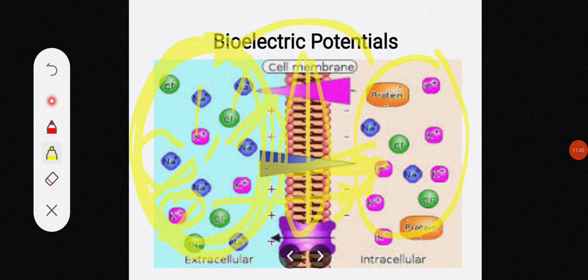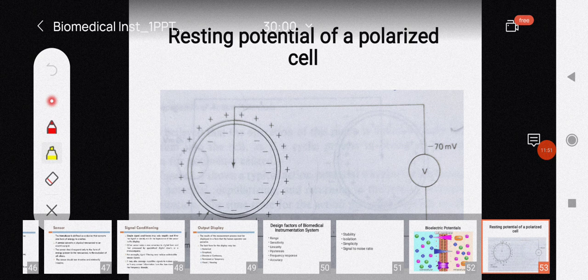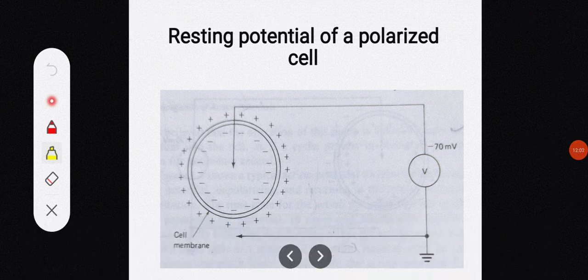Now, this resting potential, how will we measure it? It will be measured from inside the cell with respect to the body fluids outside the cell. You can see these are the body fluids outside the cell, and this is the cell.